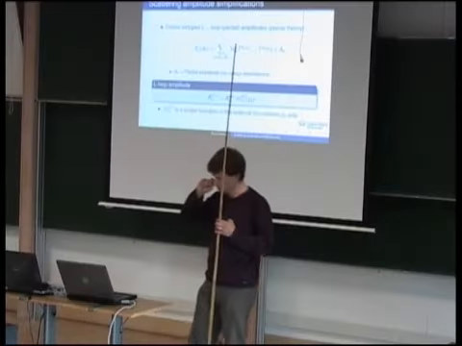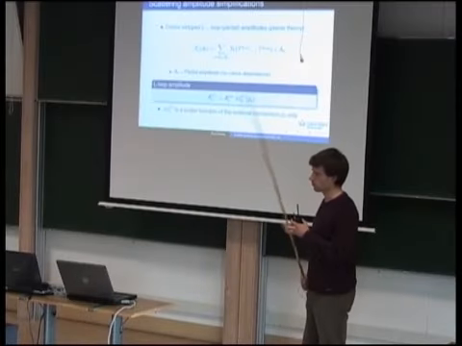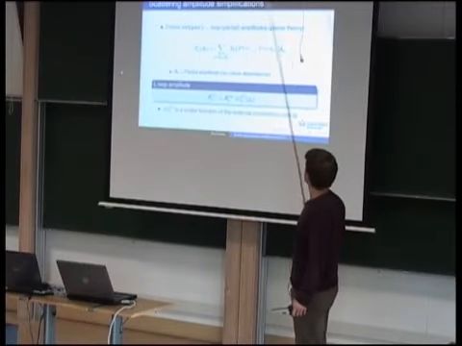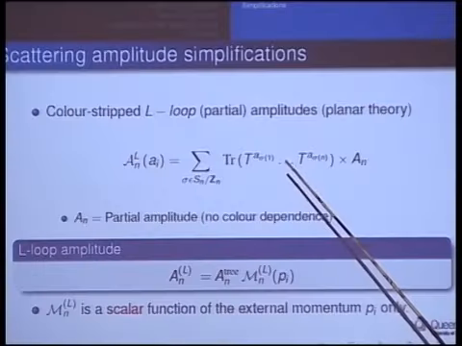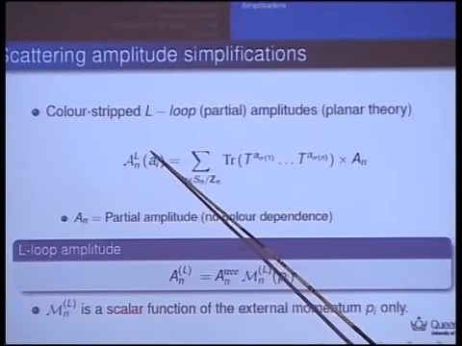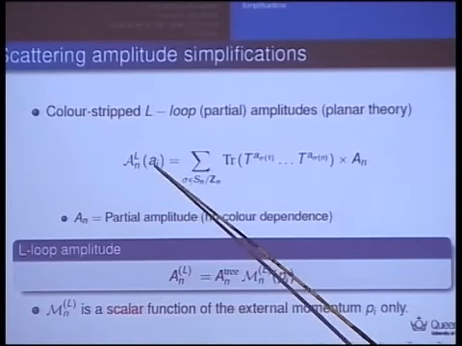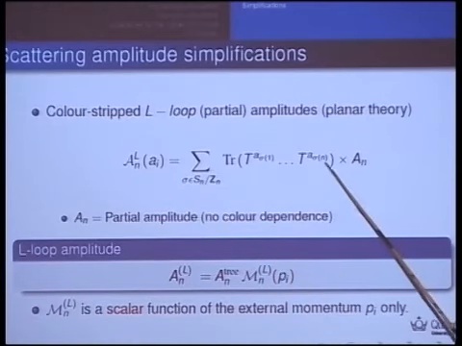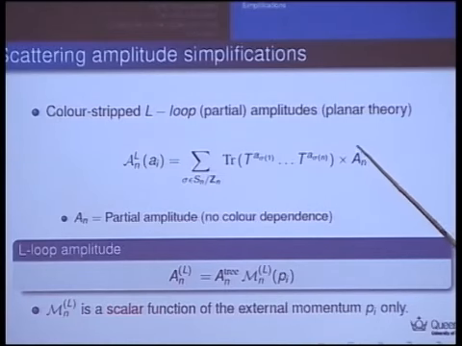So what happens at weak coupling? First of all, what are we discussing here? James also summarized this a bit. If you take an amplitude, it has gauge index dependence, which is factored off in the planar theory, and you discuss what's called the partial amplitude, where there's no color dependence.